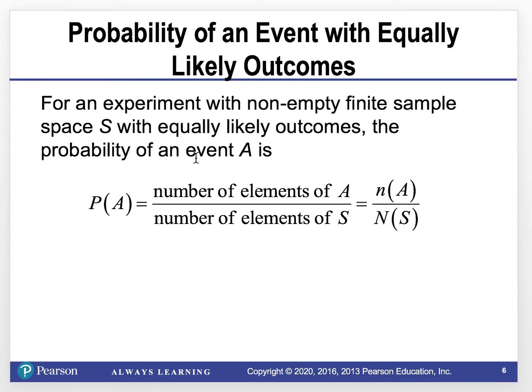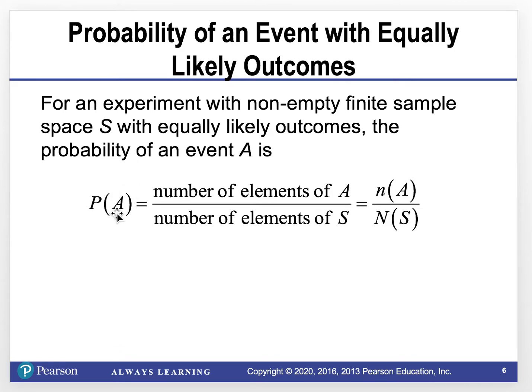All right, we already talked a little bit about how to calculate probabilities. So this says, for an experiment with non-empty finite sample space S with equally likely outcomes, the probability of an event A is, and here's our notation for doing probabilities, we'll write it like this. Here's our event.